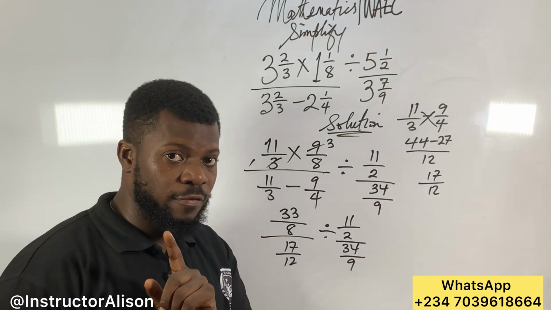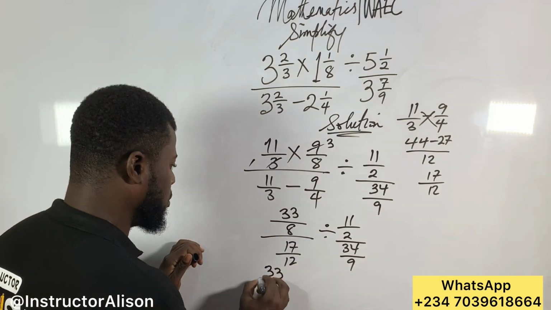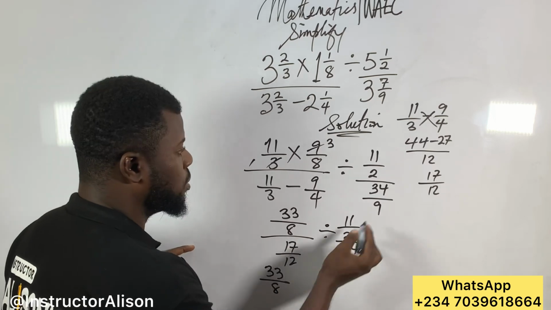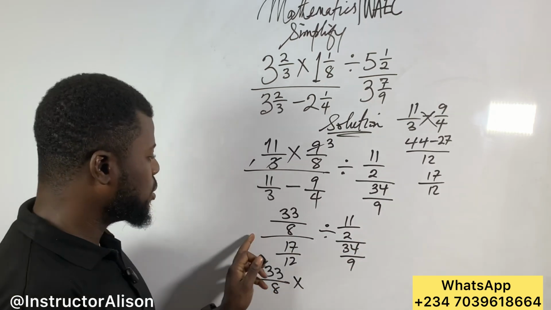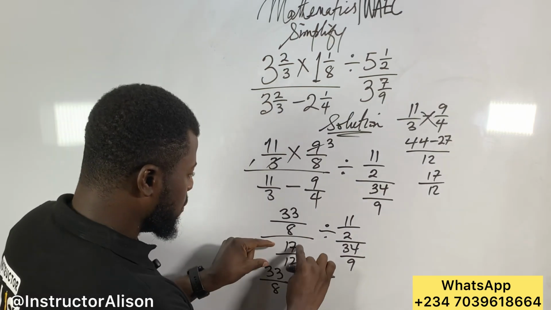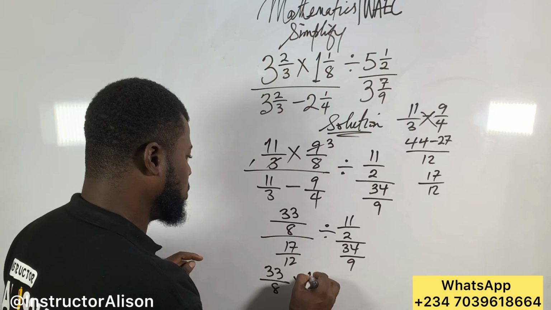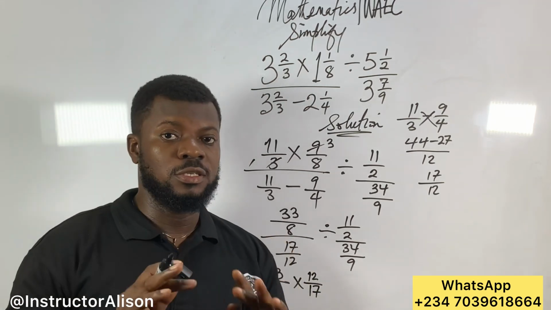That's what they do for division of fractions. So you get 12 over 17.